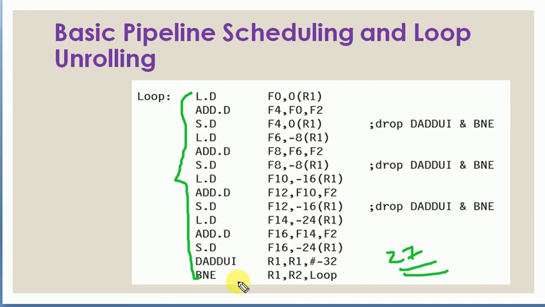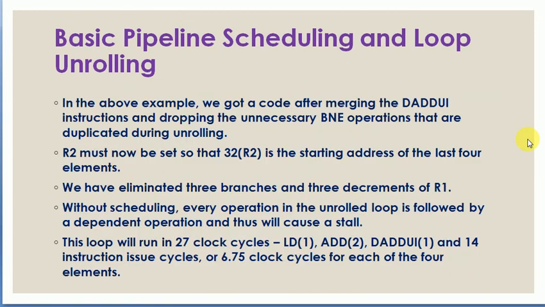So we are actually reducing those stalls caused by these instructions, and as the loop is unrolled, we are reducing the number of branches also. So the total clock cycles required will also be reduced. So for each iteration we require 27 clock cycles without scheduling, I am saying.